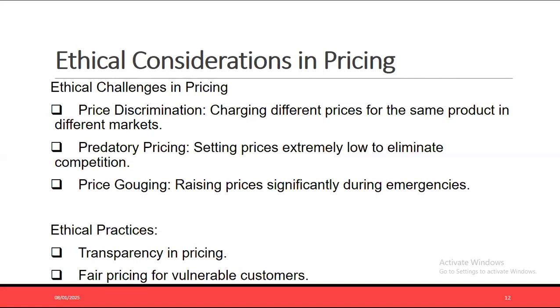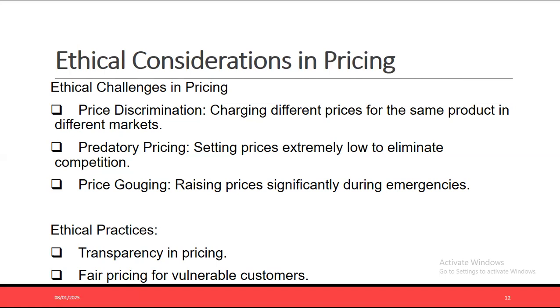Unless it is the company's strategy, there should not be price discrimination. There should also not be predatory pricing, where you set prices extremely low so that competitors will be out of business. That's also not ethical.